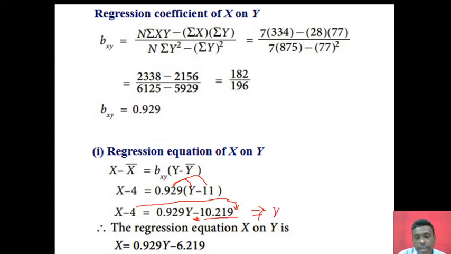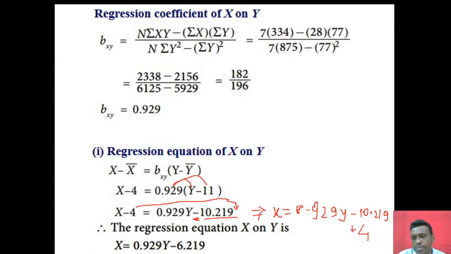So here we have x equal to 0.929y minus 10.219 plus 4.